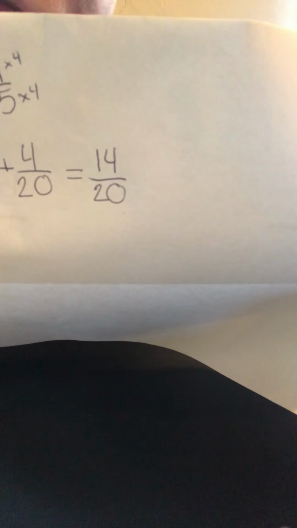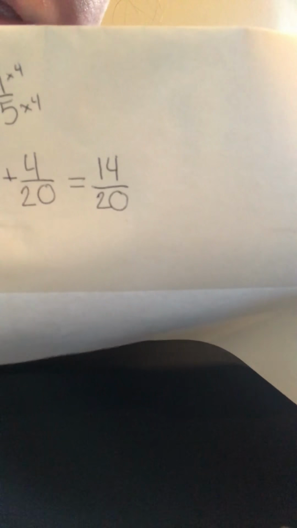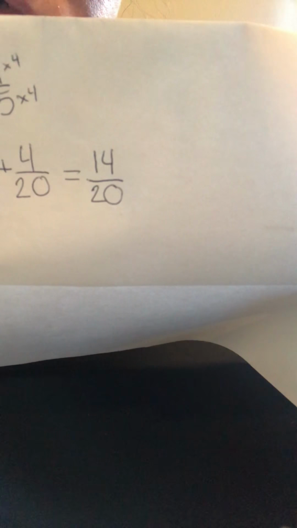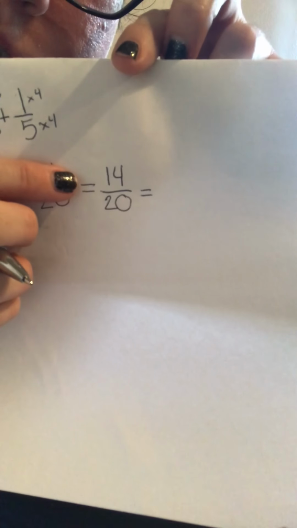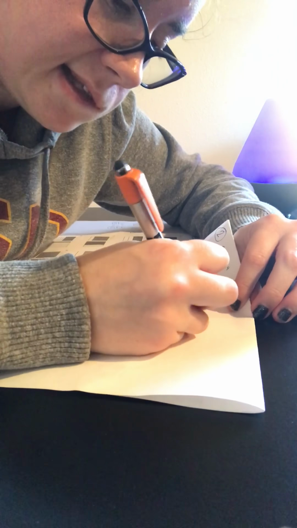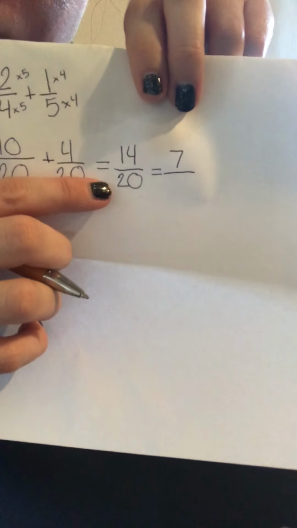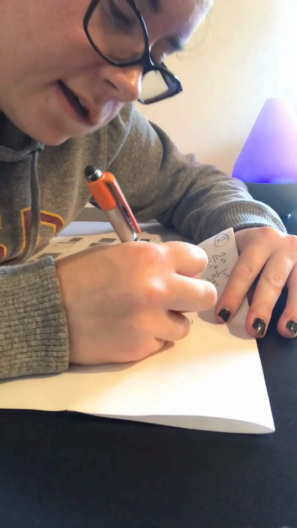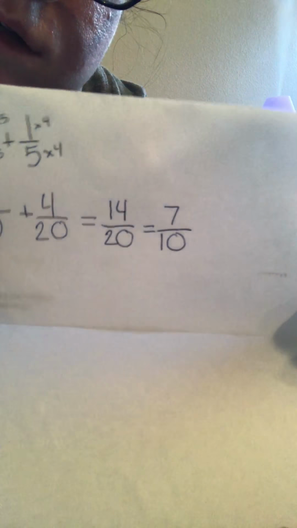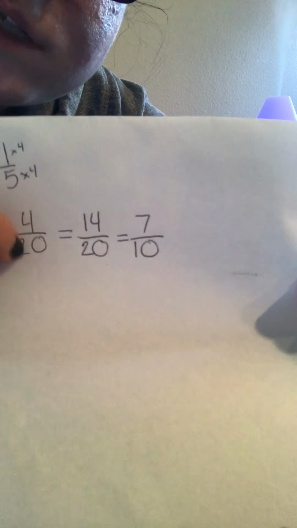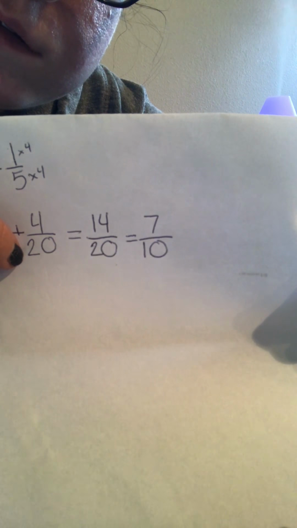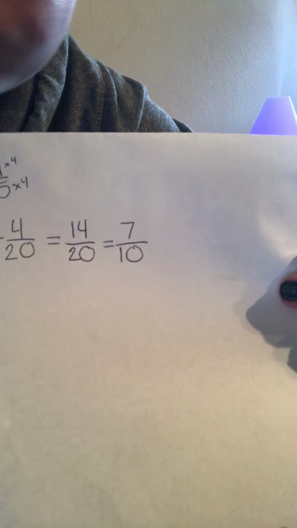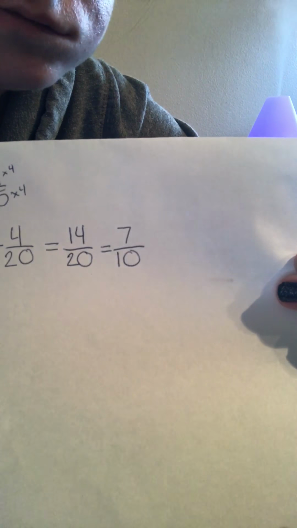However, we could simplify this very easily with the number 2. 14 divided by 2 is 7. 20 divided by 2 is 10. It's an equivalent fraction. 14/20 is equivalent to 7/10. Either answer is correct, but this is the simplified version. Eventually, we want to all get to this version.